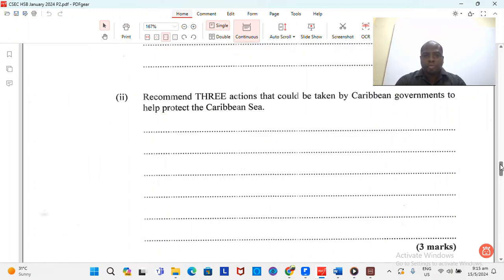Part 2 says recommend 3 actions that could be taken by Caribbean governments to help protect the Caribbean Sea. One of the things that you can do, if you look at it, is that it's really our activity, mainly human activity, that is creating the problem.